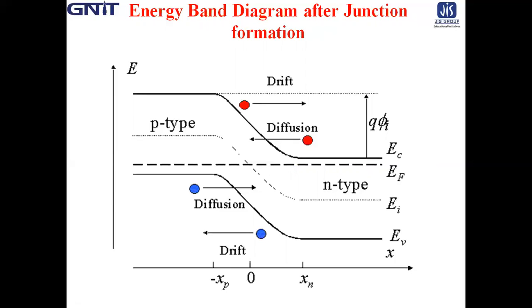A built-in field exists in this region which sweeps out the mobile charge carriers from this region, leaving behind negatively charged immobile acceptor ions on P side and positively charged immobile donor ions on N side.